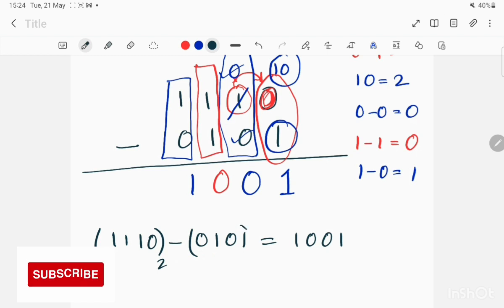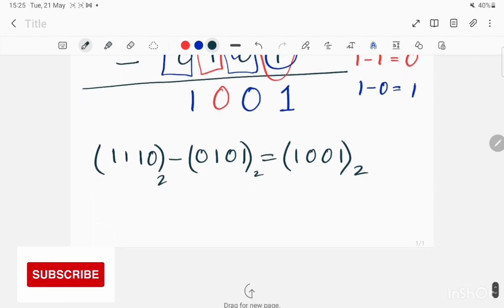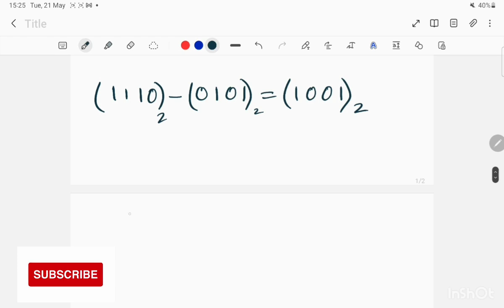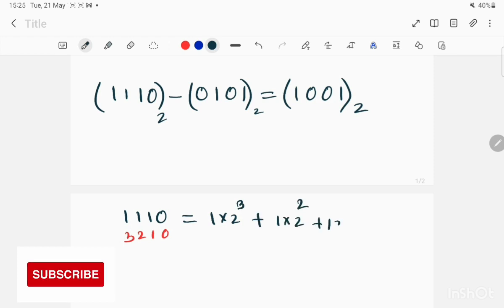This is binary, this is also binary, and this is also binary. Now we need to verify it, right? How are we going to verify? First 1 1 1 0, I will be quicker now. So these are positions 0, 1, 2, 3. So it is 1 into 2 to the power 3 plus 1 into 2 to the power 2 plus 1 into 2 to the power 1 plus 0.